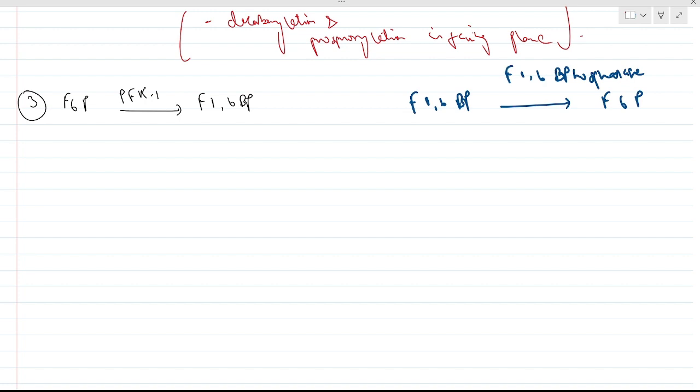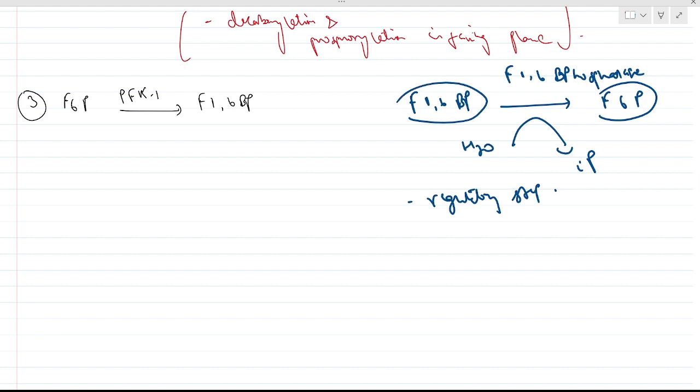Here water is utilized to form an inorganic phosphate. It's a regulatory step. One of the regulatory steps is formation of fructose 6-phosphate from fructose 1,6-bisphosphate by fructose 1,6-bisphosphatase.